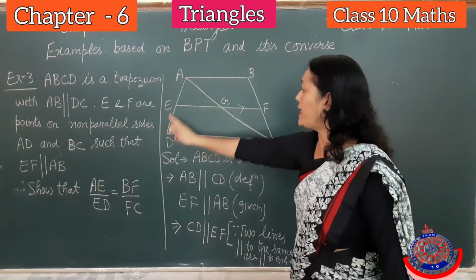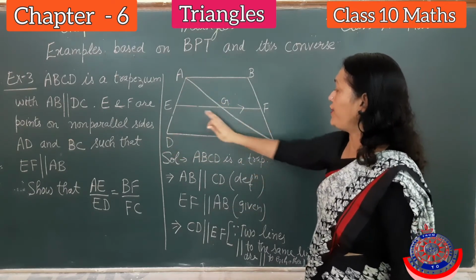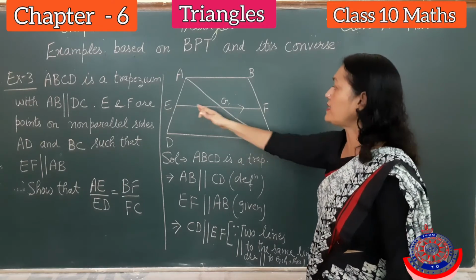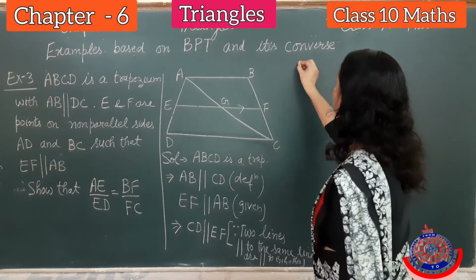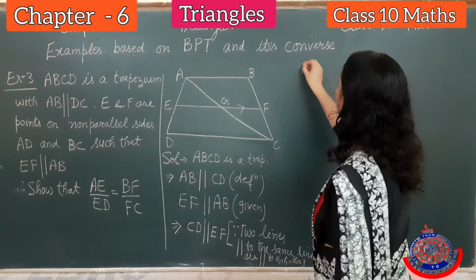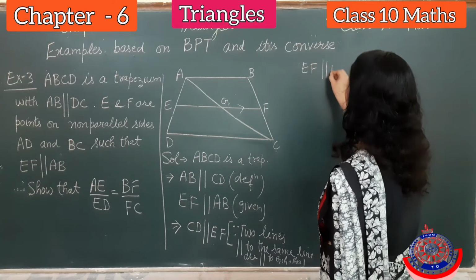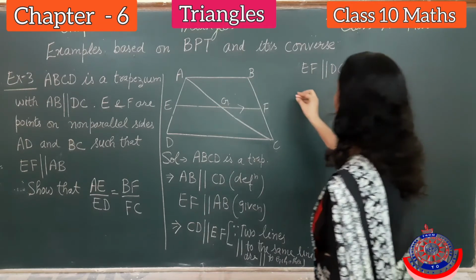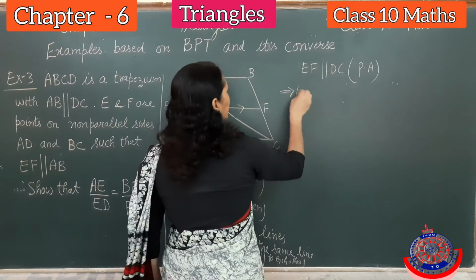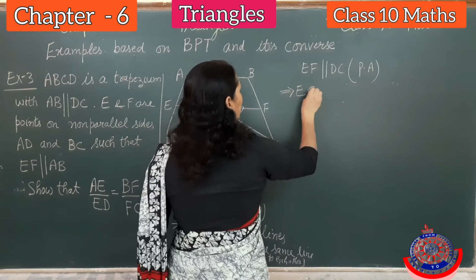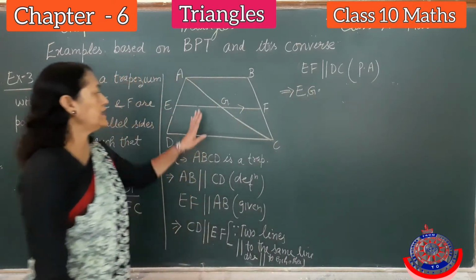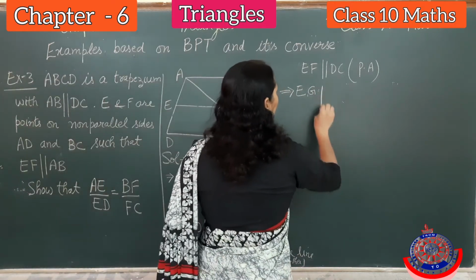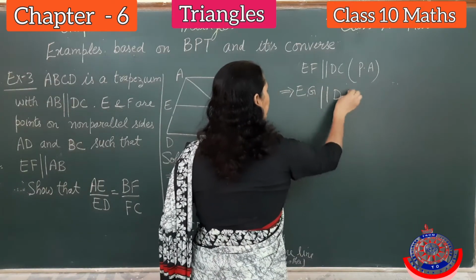Now in triangle ADC, we know that EF is parallel to CD, means EG is parallel to CD. EF parallel BC, proved above, implies if a line is parallel to another line, then its part will also be parallel. So EG is also parallel to CD.